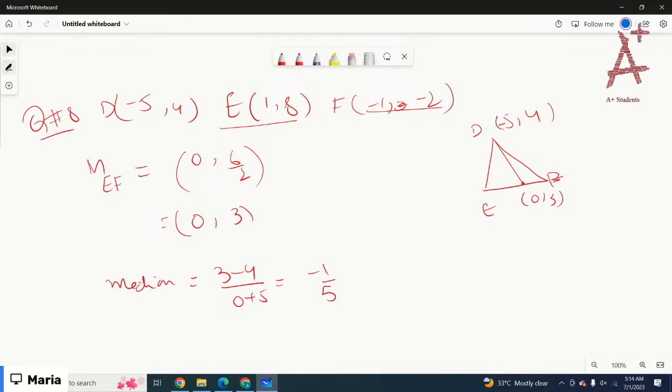Okay, so the altitude and median both pass through the point D. So now we have to calculate the slope of the altitude. Got it?